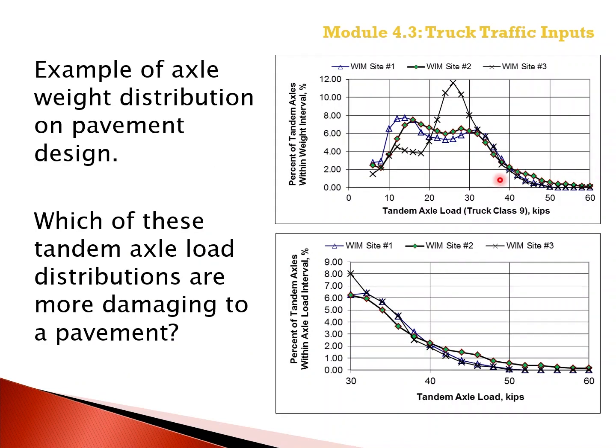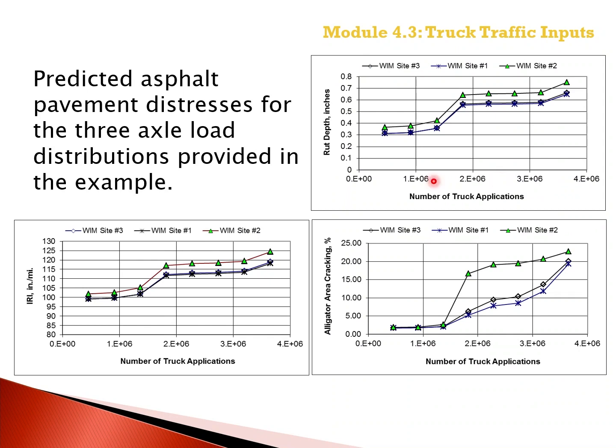First, rut depth as a function of the number of truckload applications. The closed triangles, WEM site 2, predict the greatest amount of total rut depth. WEM site 3 and 1 have about equal predicted rut depths.